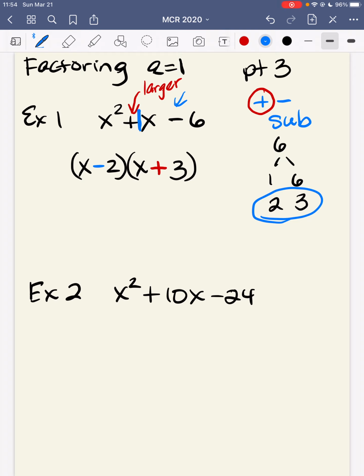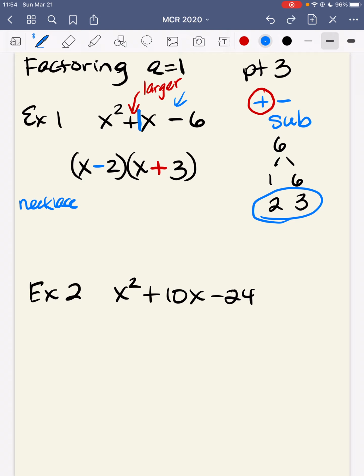So I want to go ahead and do what I call the necklace. And all I want to do is check the middle two terms, because what I want to make sure is that my signs are placed correctly. Okay, I knew I needed opposite signs to get my minus 6, right? But I want to make sure my signs are placed correctly to get my positive 1.